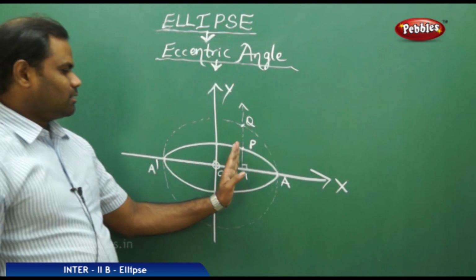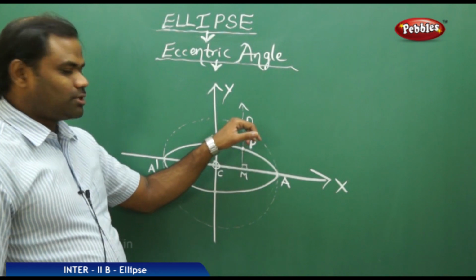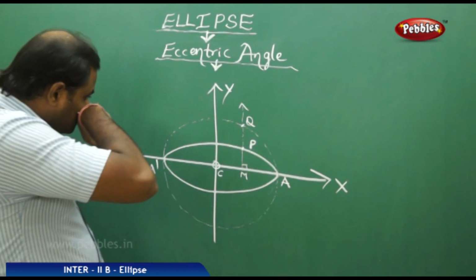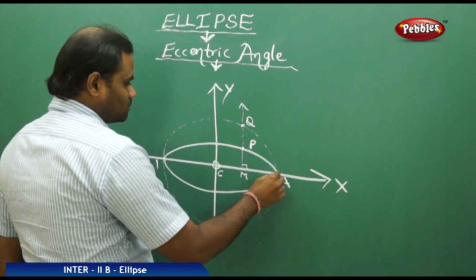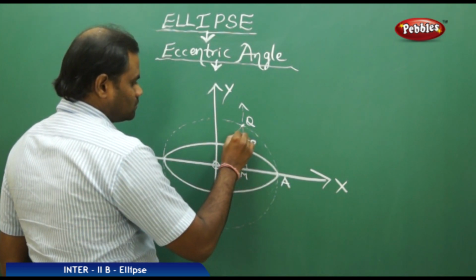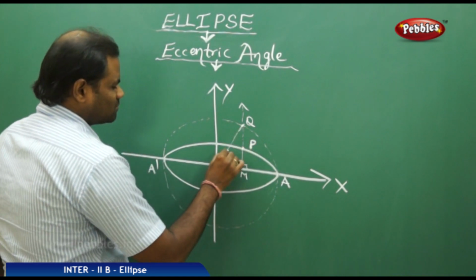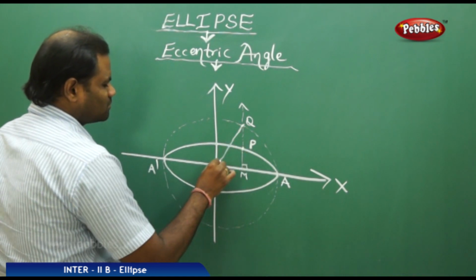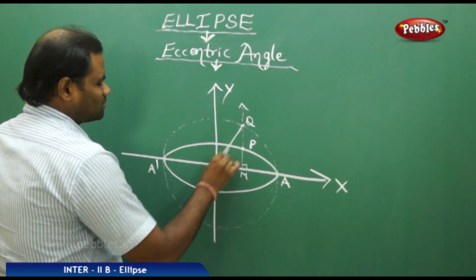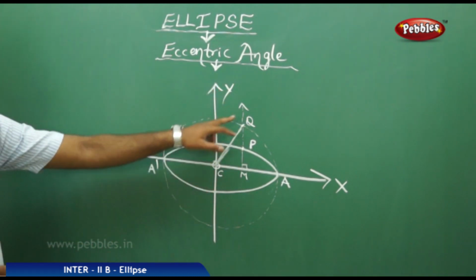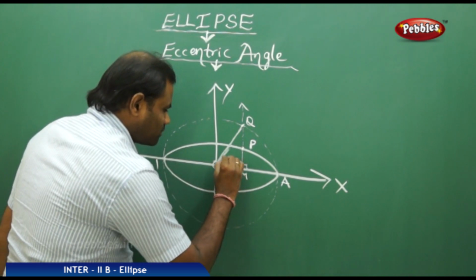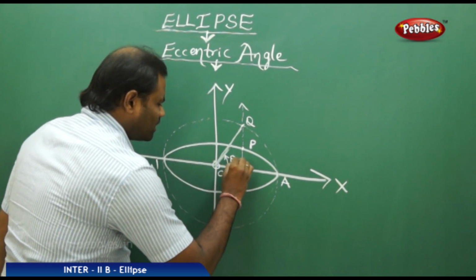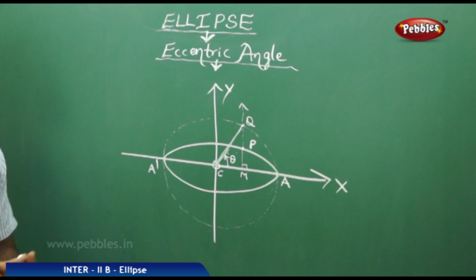So this line, extended, cuts the auxiliary circle at Q. If I join C with Q, then the angle ACQ, which is denoted by theta, is called the eccentric angle.